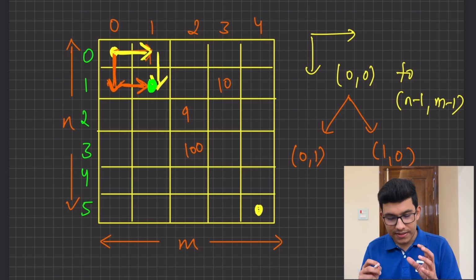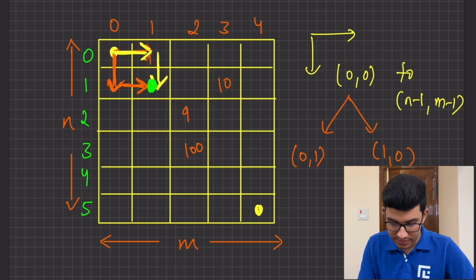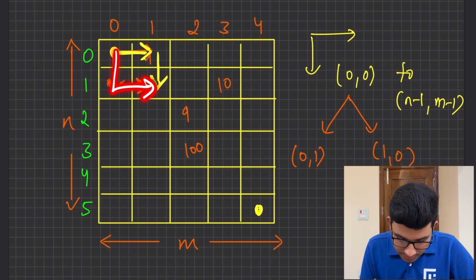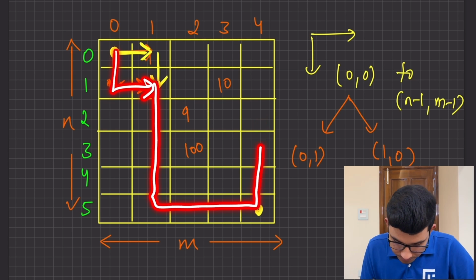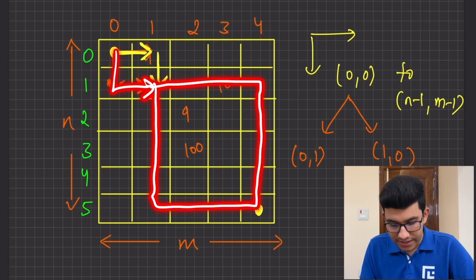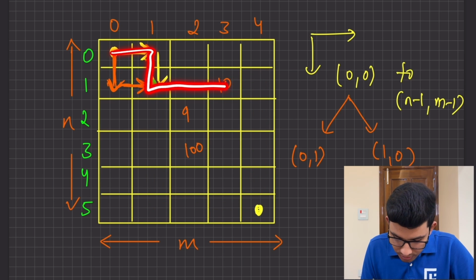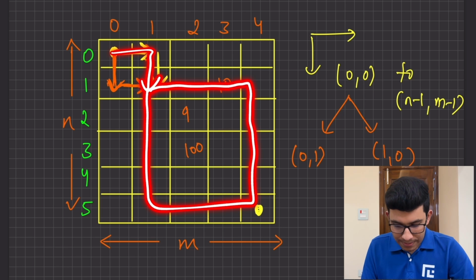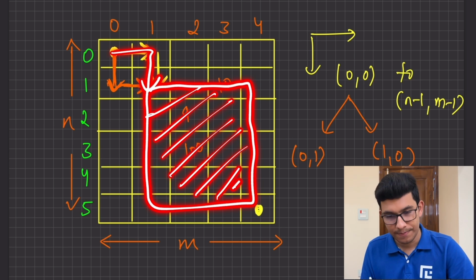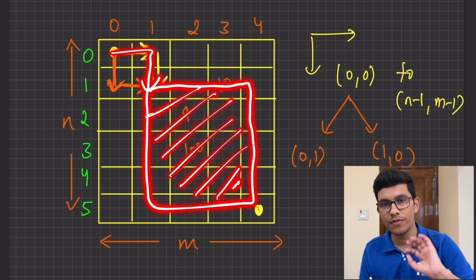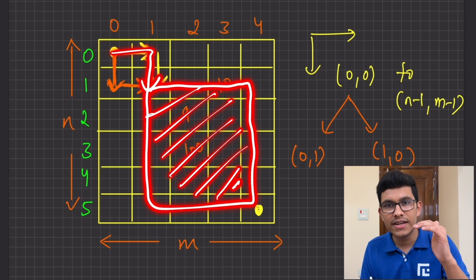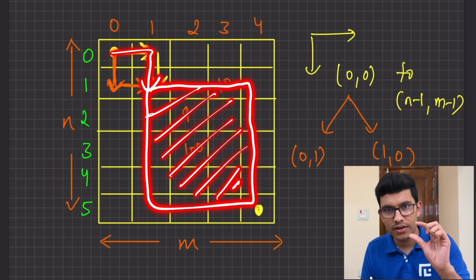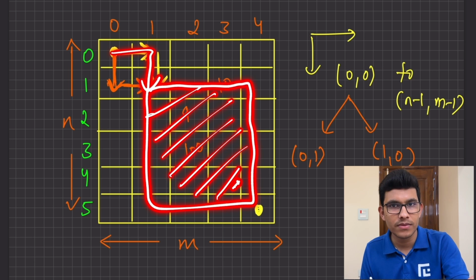Can I say the sub-problem is same in both the cases? First you came here, then you're concerned about this entire grid, right? In the next one, you did this and then again you're concerned about the same grid, right? So overall, this sub-problem is the same in both of these cases. So there are essentially going to be a lot of overlapping sub-problems. So it does make sense to store the answer of one sub-problem and use it again and again, correct?